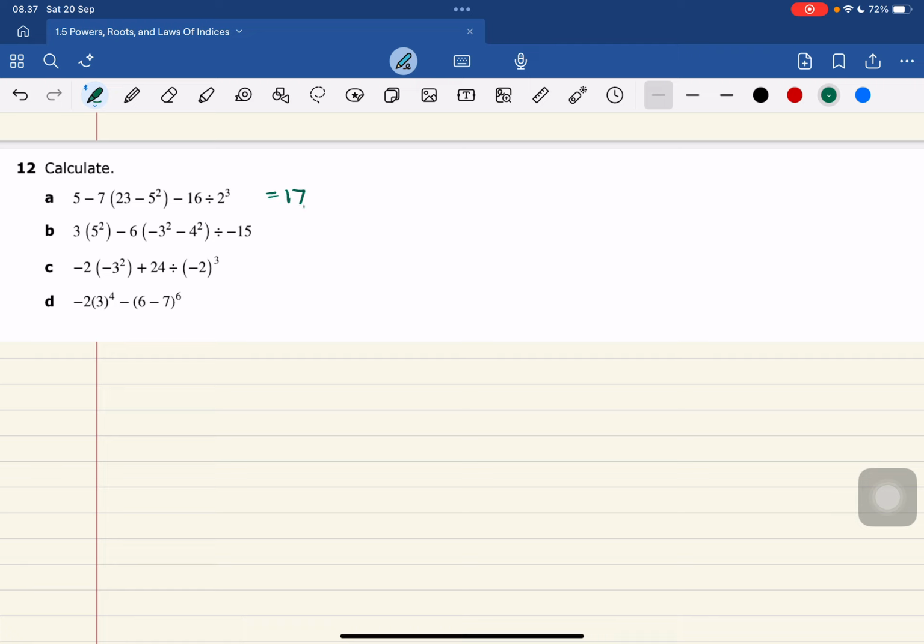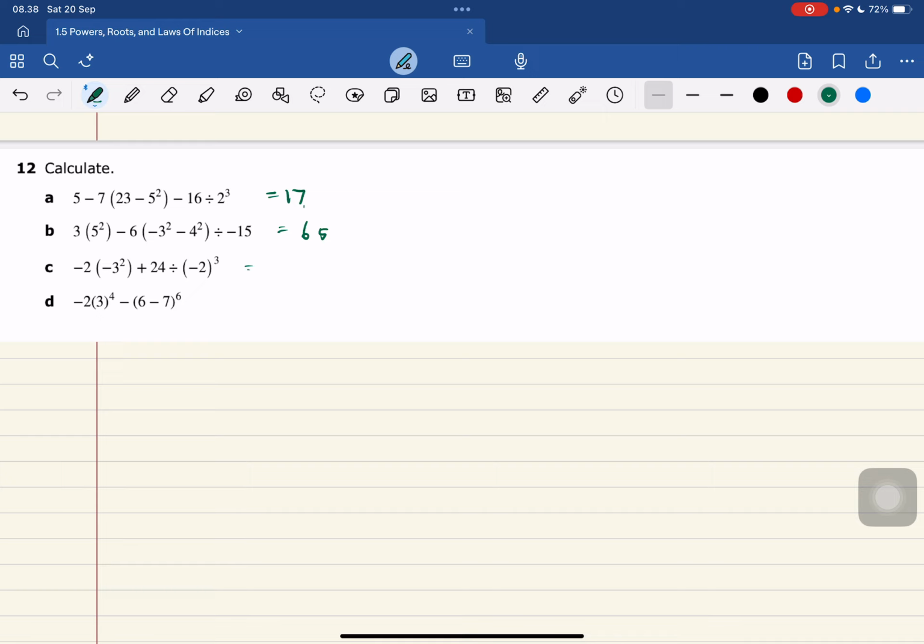The next, 3 times 5 squared, then we minus 6, times minus 3 squared minus 4 squared, and then divided by minus 15. So it's going to be 65.